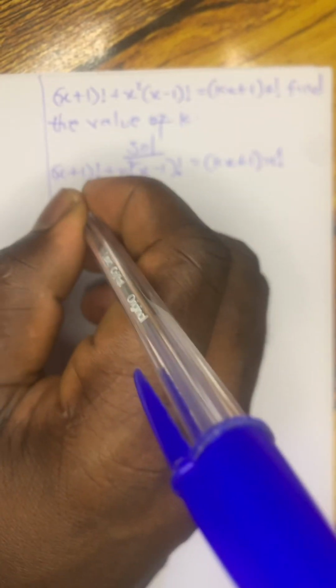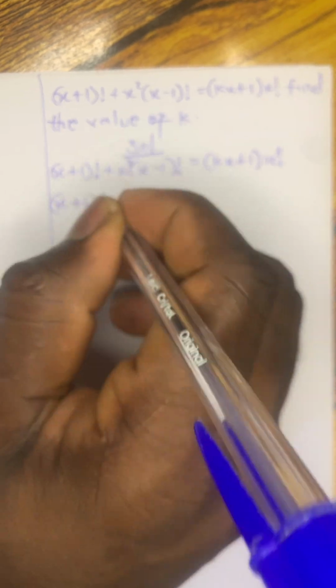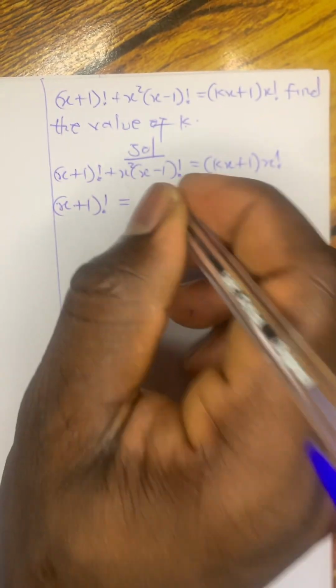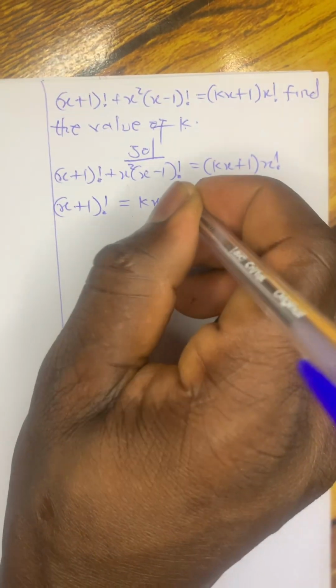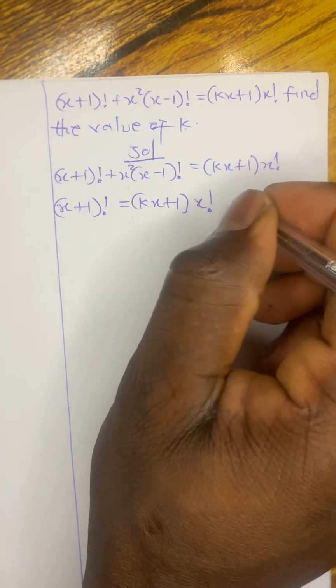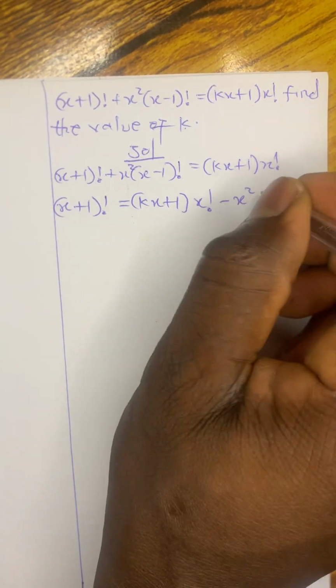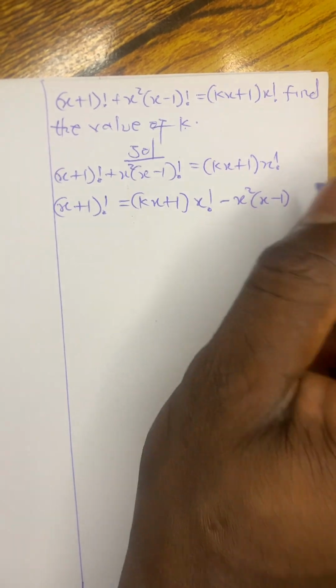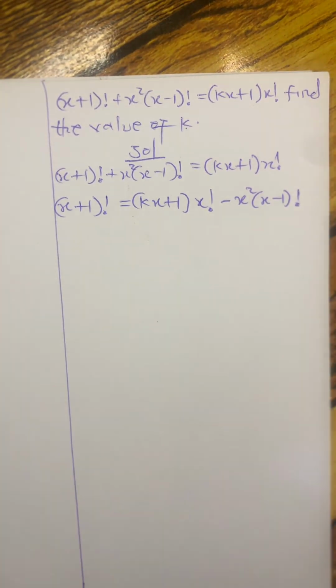So that will give me (x+1)! equal to (kx+1)x! minus x²(x−1)!.